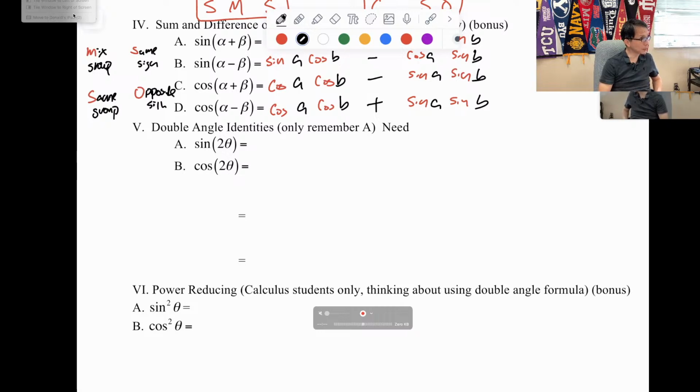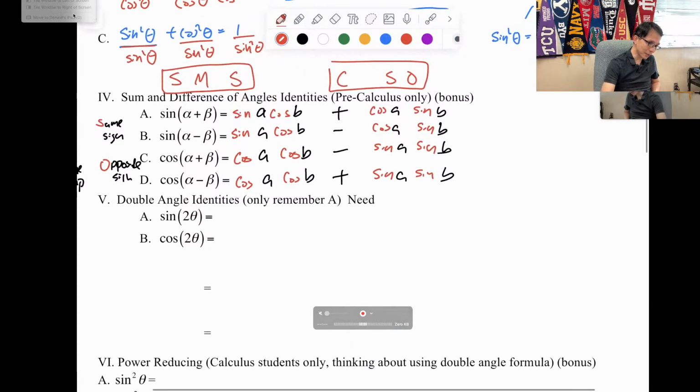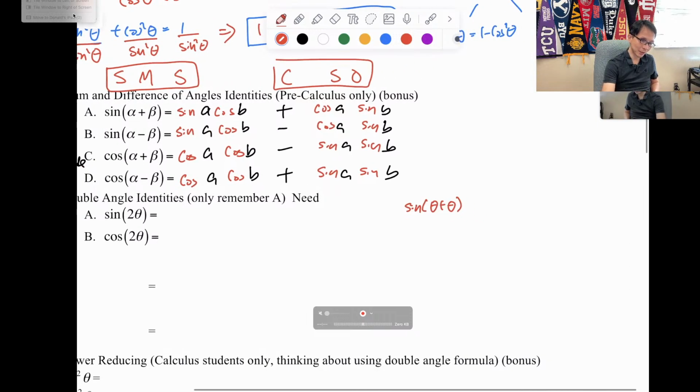It's coming from sum and difference. It's actually not hard. So if I know sum and difference, I know double angle identities very well. So imagine that you have a sine. Rather than a plus b, I'm going to say theta plus theta, because it's one angle adding to another angle. But what if those two angles are the same? Then I just use the sum and difference. So sine, cosine, cosine, sine, again.